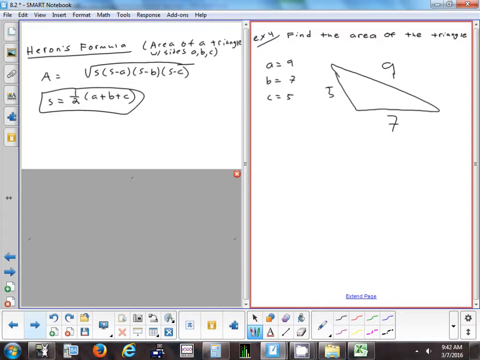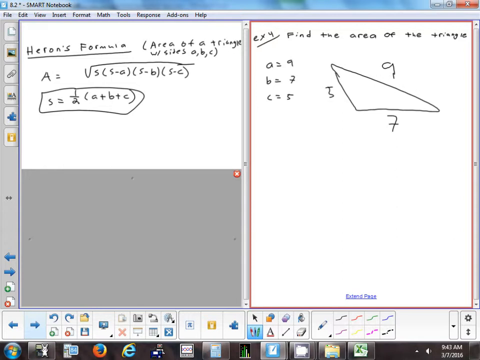What law do we use with side, side, side? Law of cosines. You could find any angle, and then you could use the formula we just had: 1/2 the product of two sides times the sine of the angle between. The reason you can't do it right now is because you don't know any of the angles.